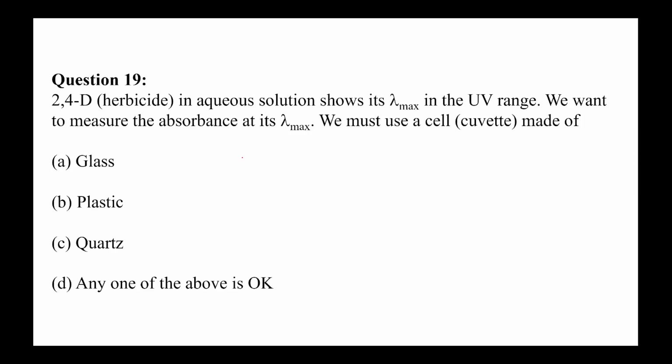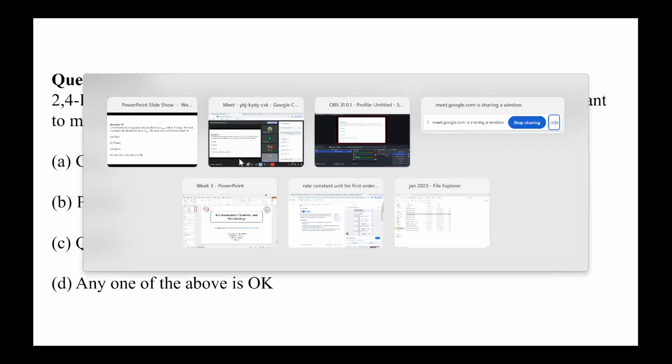So if we want to measure the absorbance at the wavelength at which it has the maximum absorbance, we must use a cell or a cuvette made of option A glass, option B plastic, option C quartz, or option D any one of the above is okay.